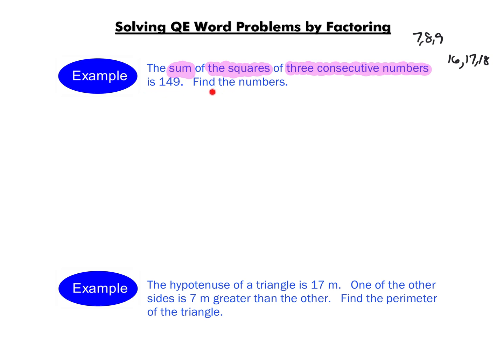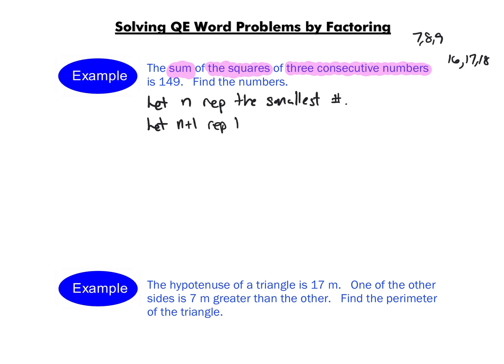And our job is to find the numbers. So we don't know where the numbers start. So let's start by writing our let statement as let n represent the smallest number. Well, the next number is going to be one more than that. So it's going to be n plus 1.